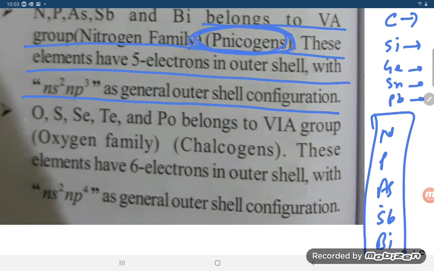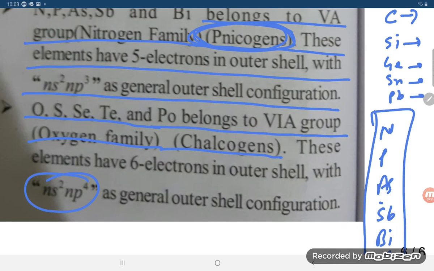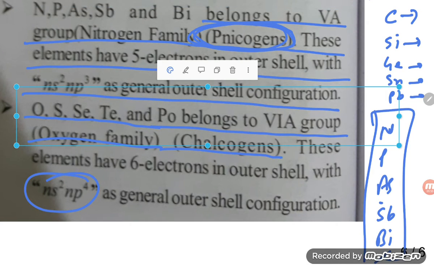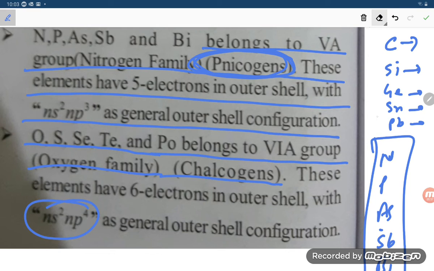Next one is oxygen, sulfur, selenium, tellurium and polonium, belonging to the 6A group, the oxygen family, known as chalcogens. These elements have 6 electrons in the outer shell with ns2 np4 as the general configuration. How to memorize these names, students?